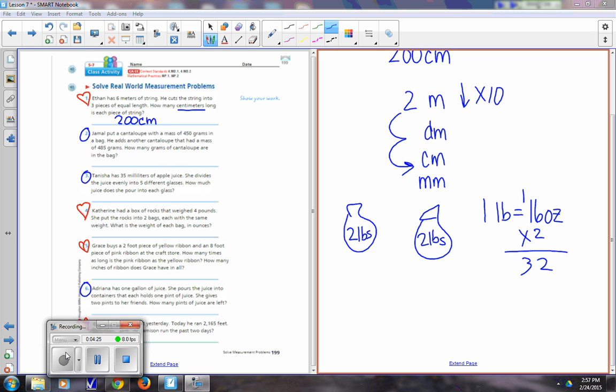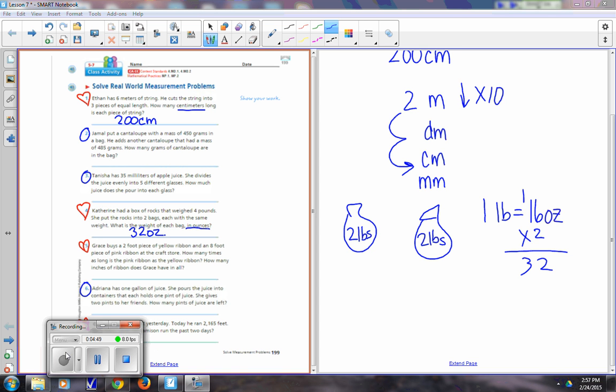So each bag has 32 ounces. So part of these real-world measurement problems is to really make sure you know what it's asking for. Don't just assume, because they always throw that curveball at you to try to mess you up.